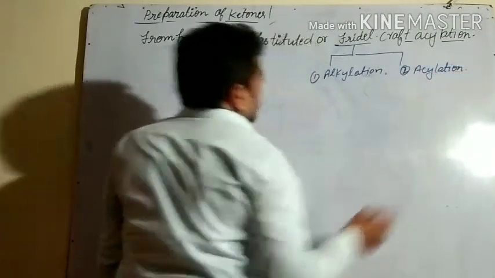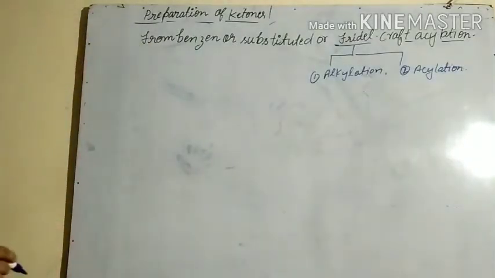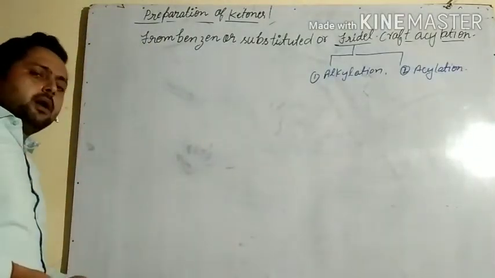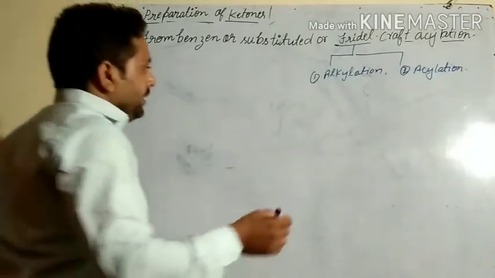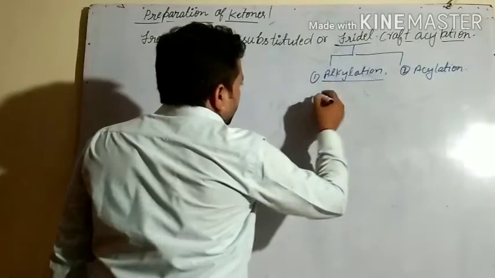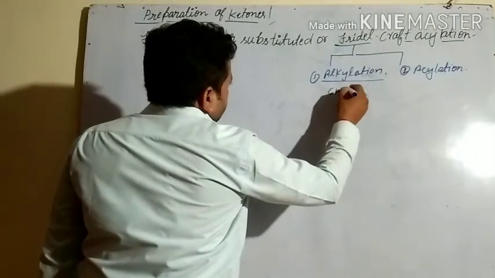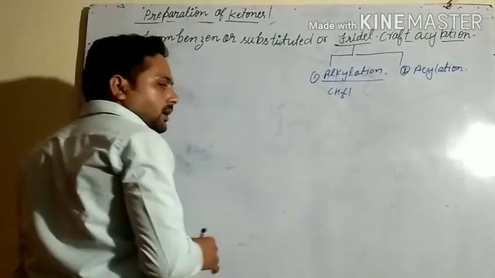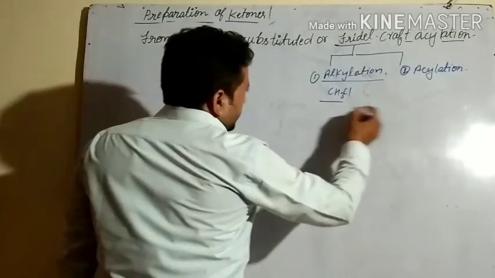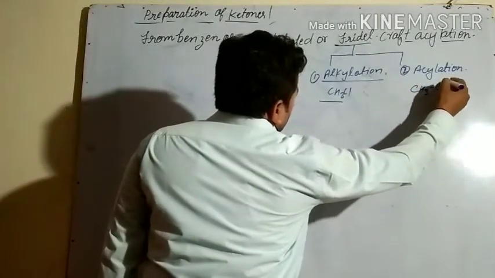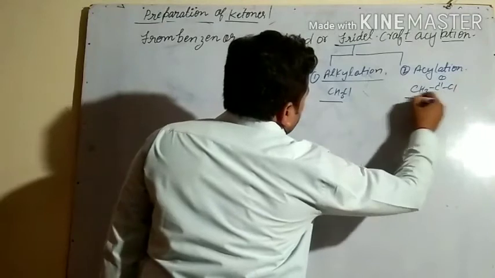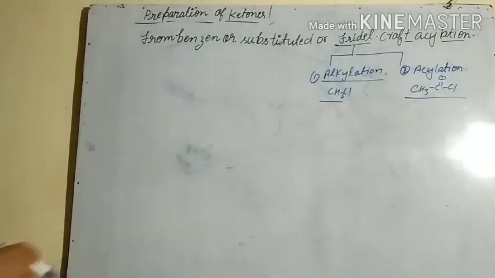In both they are similar, but if we take CH3Cl, that is called alkylation. If we take CH3COCl, that is called acylation. So here we will use acylation.